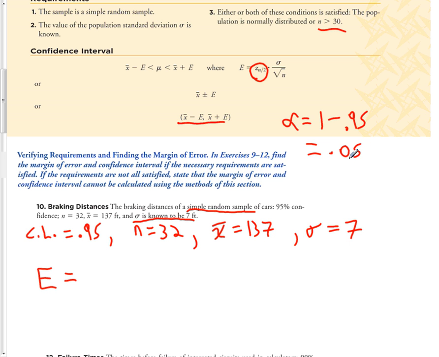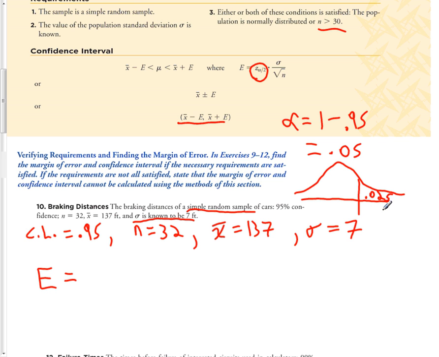0.05. And what I want to do is find the z-score that separates an area of alpha over 2 in the right tail of the standard normal distribution. So we have the standard normal distribution. I want to have an area of alpha over 2 over here in the right tail. Well, alpha over 2 is half of 0.05, which is 0.025.